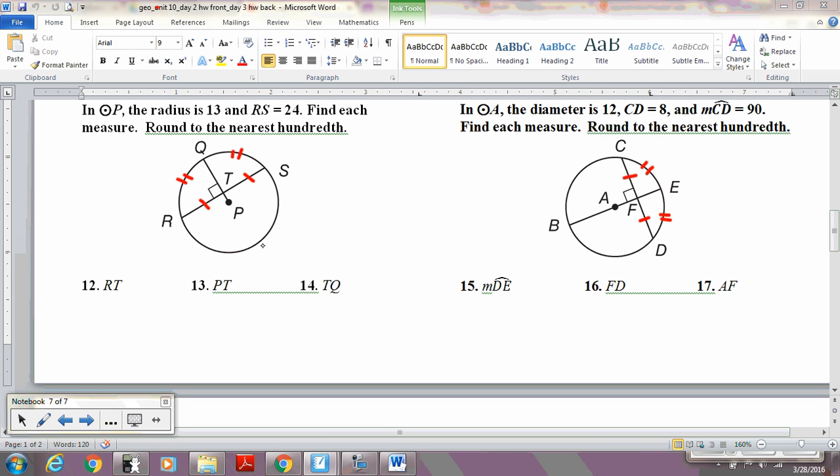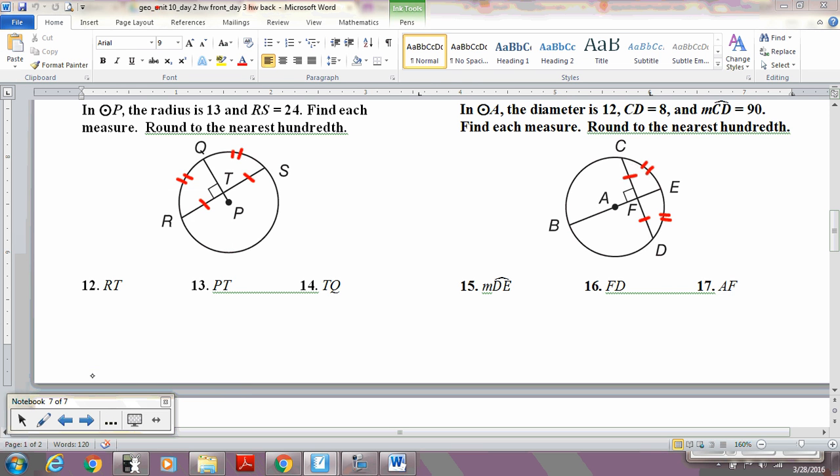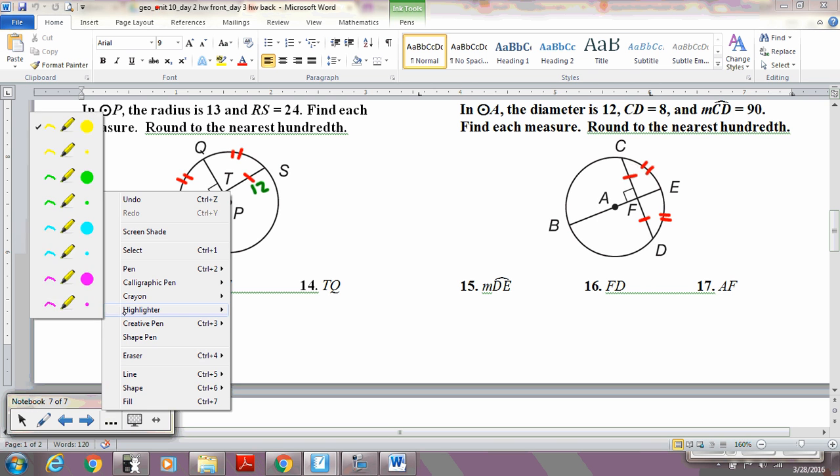Now, it also mentions that the radius is 13, RS is 24, so that means each part is 12. And we're going to find PT. PT is this little tiny piece right here.